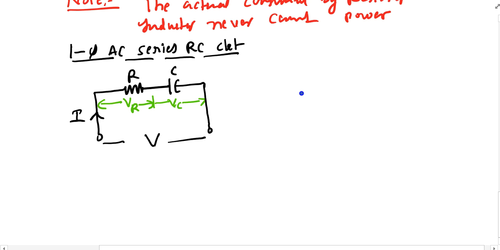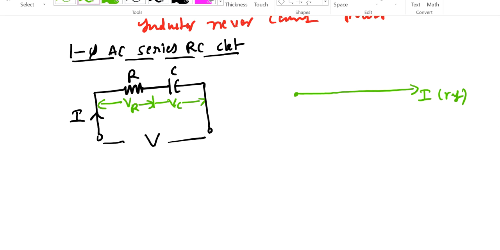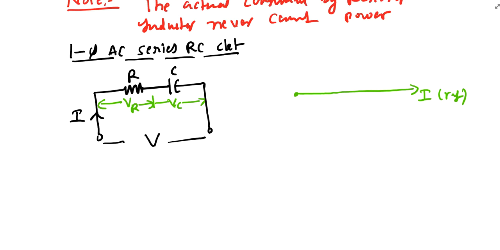First, I will take my current as reference. I take my current as reference here, and I want to draw the vector diagram between VR and I, because if it is a pure resistive circuit, in that case my VR and I are in phase.